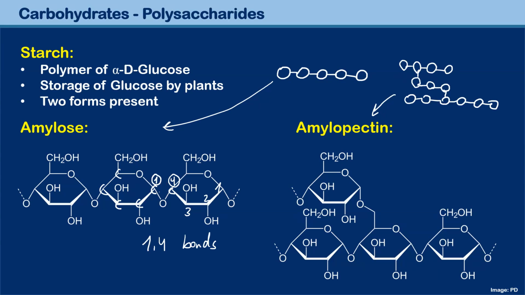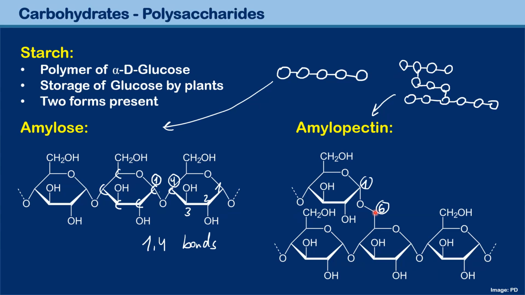It goes on. And over here, we also have these 1,4 bonds down here, but we have additional bonds, additional links branching away over here. So what bonds are these? Over here, this is carbon number 1. Okay, remember we count clockwise, and this one over here that you see is carbon number 6.